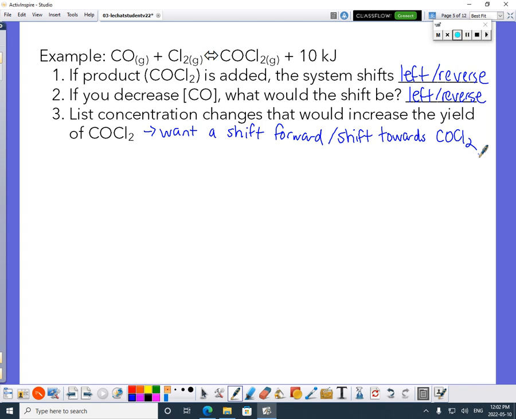So how can we get it to shift to the right or shift forward? We're going to increase the reactants. So you can either write reactants or you could write CO or Cl2. All 3 of those are exactly the same and would only get you 1 mark, okay?